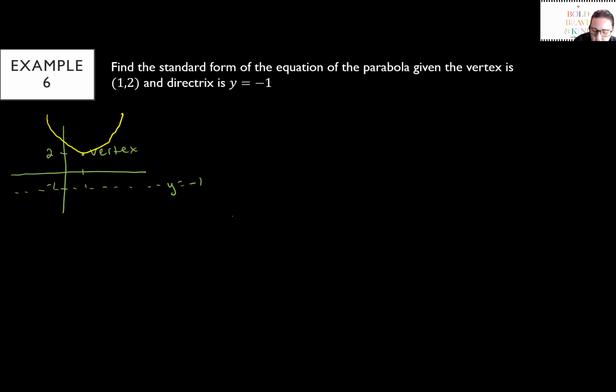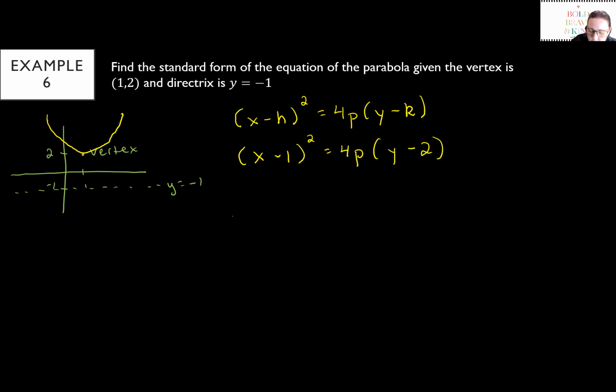So I've got this drawing now, and knowing that this is a vertical parabola, the formula is x minus h squared equals 4p times y minus k. And we have the vertex, so we have h and k, so I can plug those in. So that's x minus 1 squared equals 4p times y minus 2.